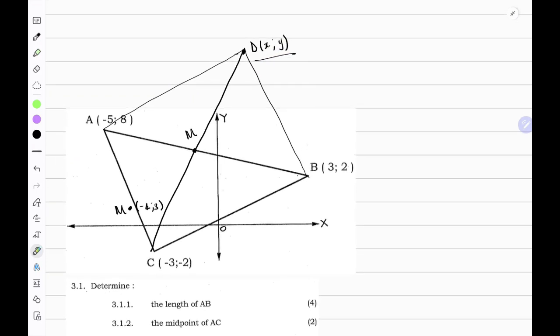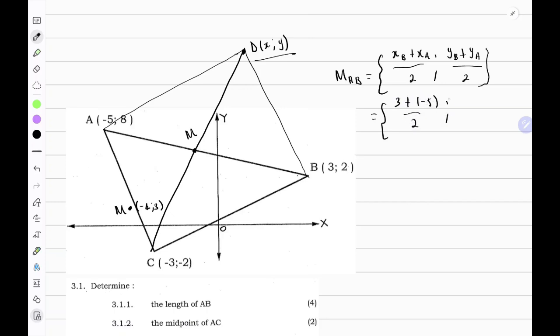So let's start with finding the midpoint of AB by applying the midpoint formula. So the midpoint of AB is equal to XB plus XA over 2 and YB plus YA over 2. So this is equal to XB is 3 plus -5 over 2, and YB is 2 plus YA is 8 over 2.